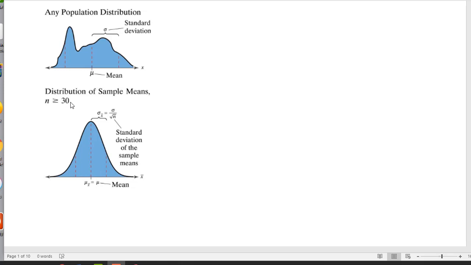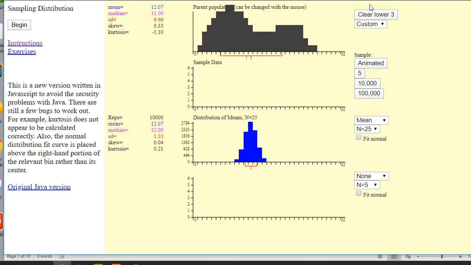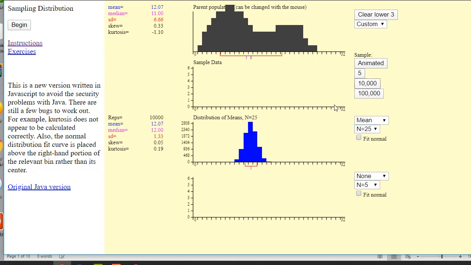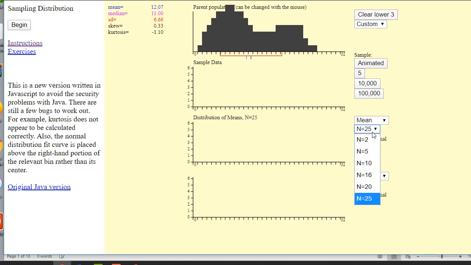Now, even though this textbook says that large threshold is 30, another textbook I've seen says the large threshold is 50. What's interesting in this simulation, let me clear all of this, is I don't even have a size of 30 or 50 to choose here. So even if I choose 25, my sample distribution is still normal. And in fact, I think I forgot to change this the first time.